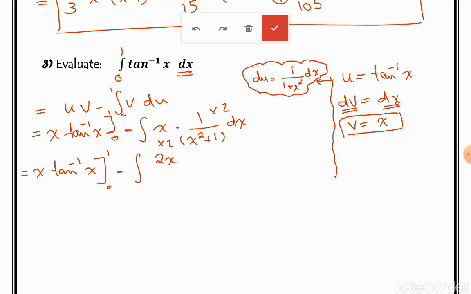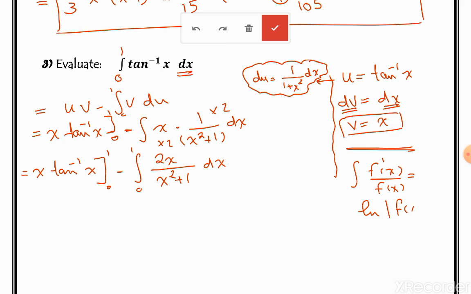The numerator will be the integral from 0 to 1 of 2x over x squared plus 1 dx. Why, mister? Because we have a formula we have studied before, the integral of f prime of x over f of x is equal to ln absolute value of the function in the denominator plus c, right? ln absolute value of f of x plus c. So it depends on this rule. I'm going to multiply the numerator by 2 and the denominator by 2.